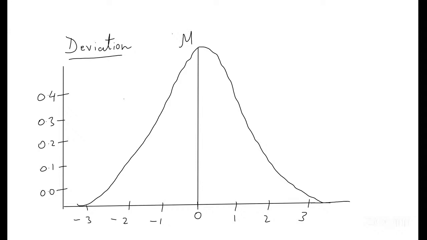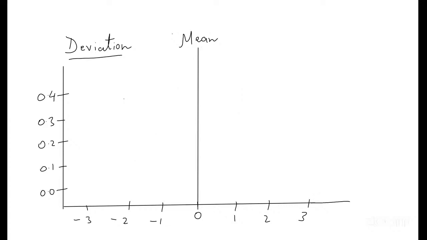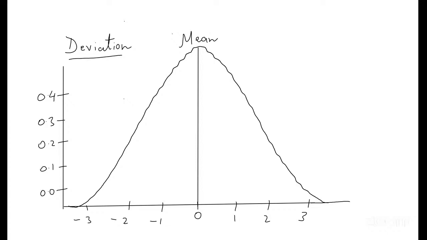Ma'am, you haven't made it till the peak, the peak is a little higher. I haven't made it at the peak because I'm doing freehand. And ma'am, in the deviation diagram, will it be a line or a mountain? It is shaped like a mountain.